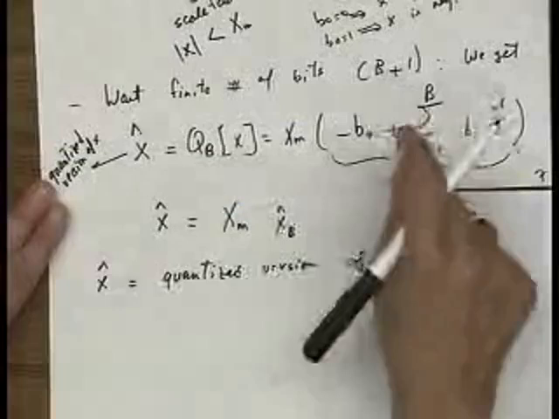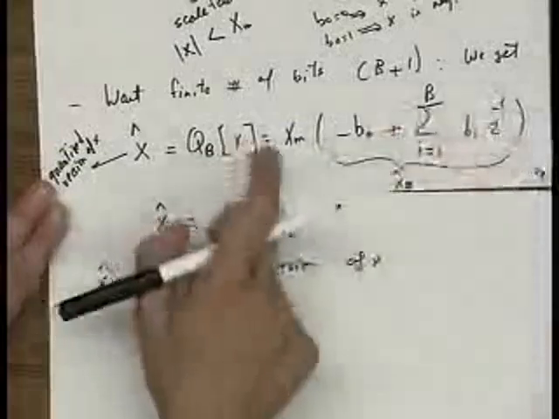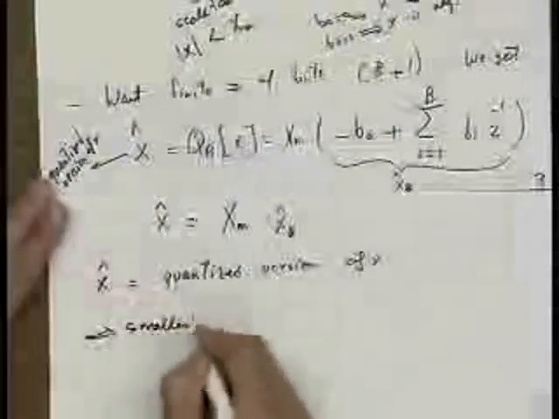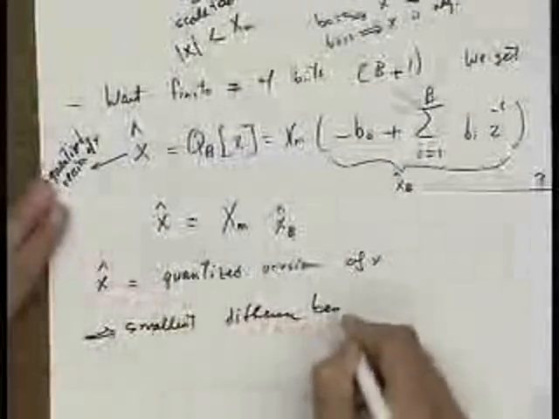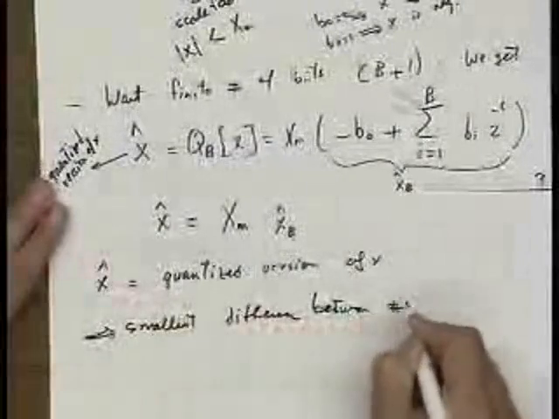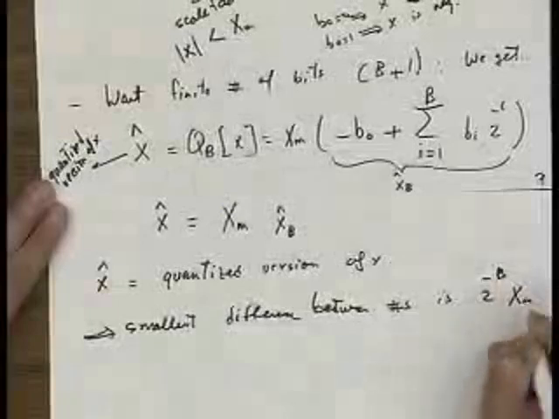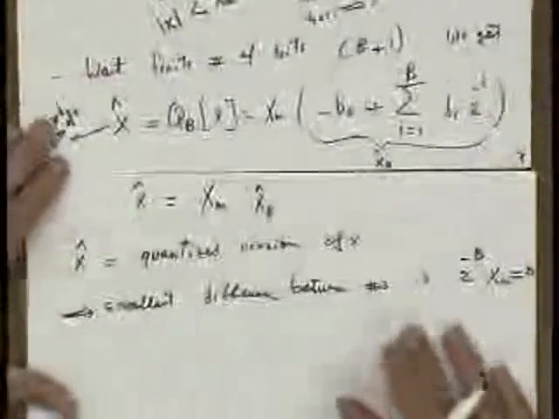So the smallest difference between two numbers here is 2 to the minus b, but then you have this x_m scaling factor, so you multiply by that. So the smallest difference between the numbers is 2 to the minus b times x sub m. And I define that as being delta. Okay?